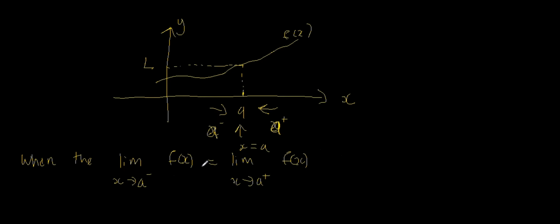When the left hand limit is equal to the right hand limit, then we say the limit as x approaches the value a of f of x is equal to L. This is an introductory definition for a limit. It's not the definition, but it's the definition at this level.